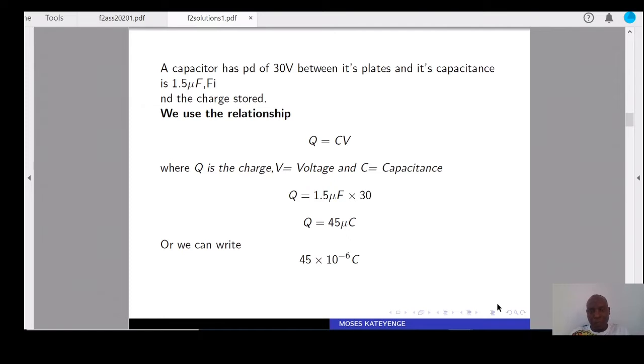This is the formula that relates charge, capacitance, and voltage, or potential difference, where Q is the charge, V is the voltage, and C is the capacitance. Therefore, charge Q is 1.5 microfarads times 30 volts, which gives us a charge of 45 microcoulombs, or we can write 45 times 10 to the power negative 6 coulombs.